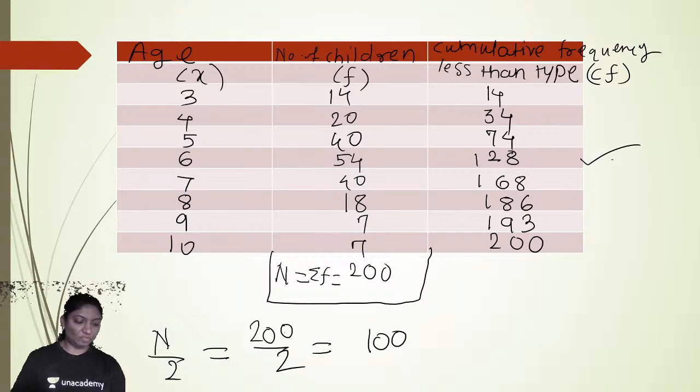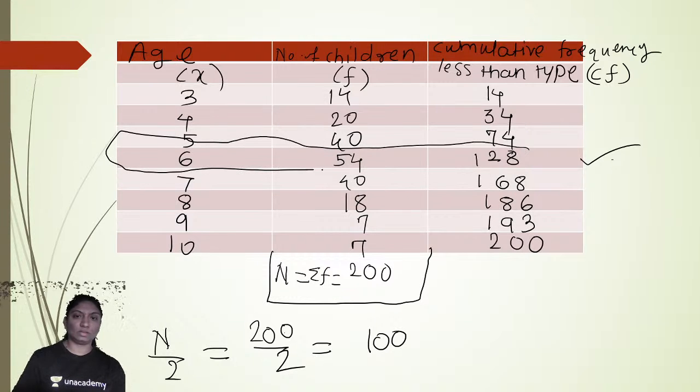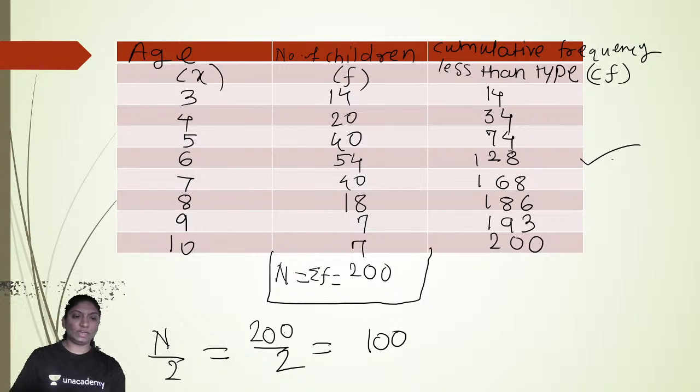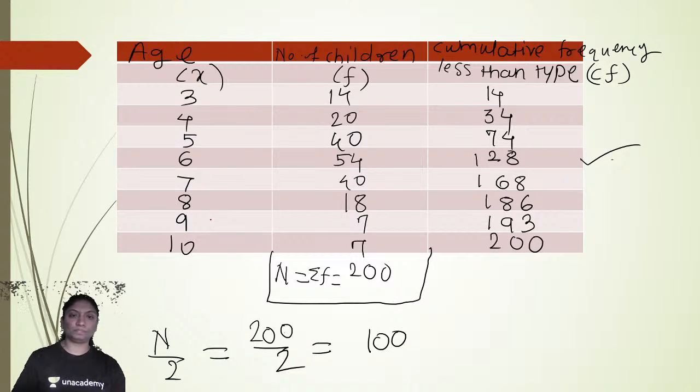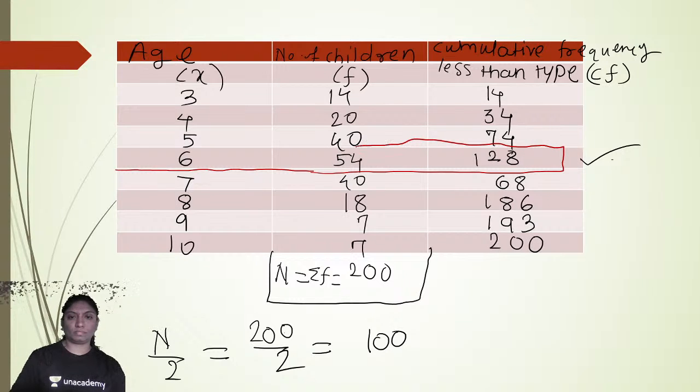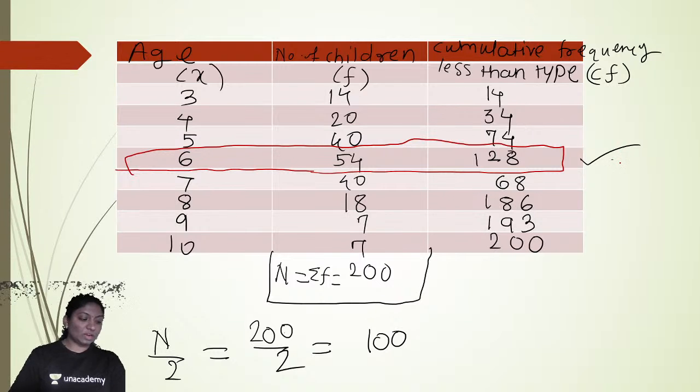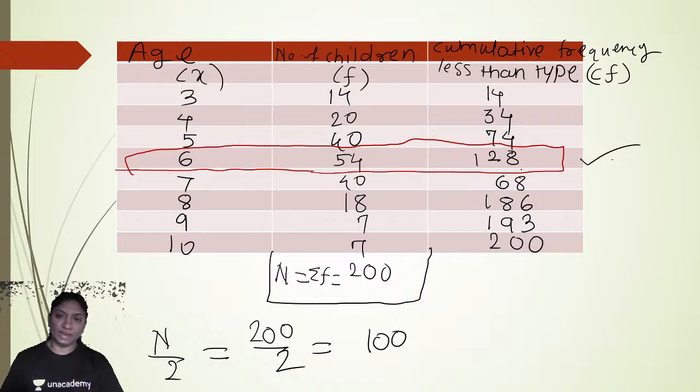The value of x corresponding to the cumulative frequency 128 is 6. So this is your median value.